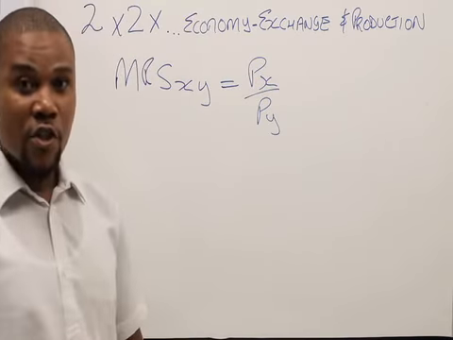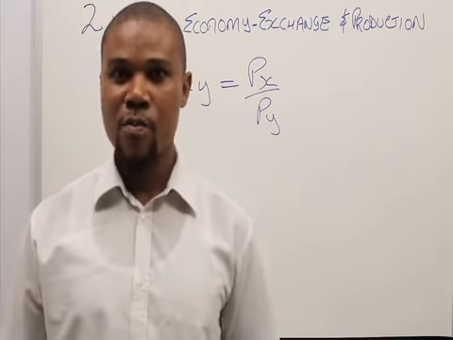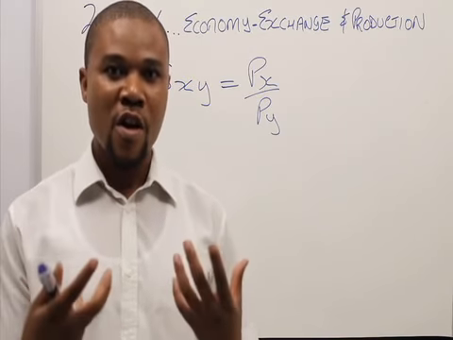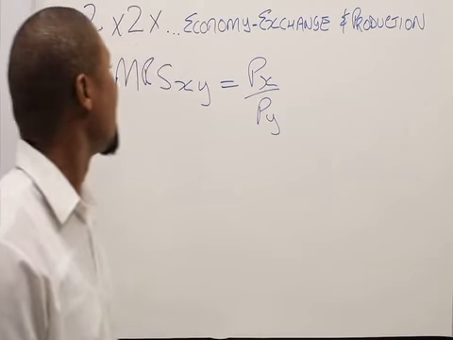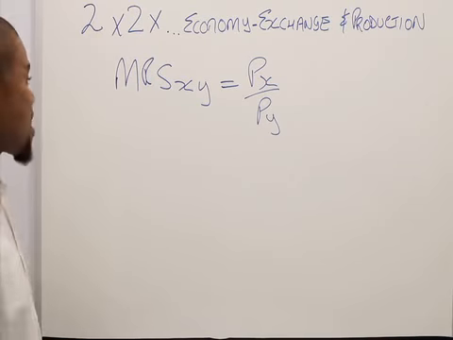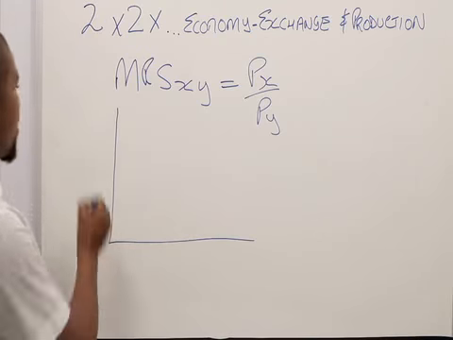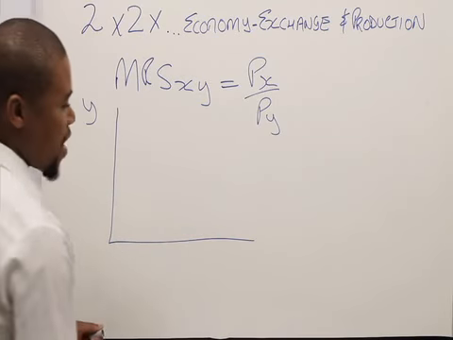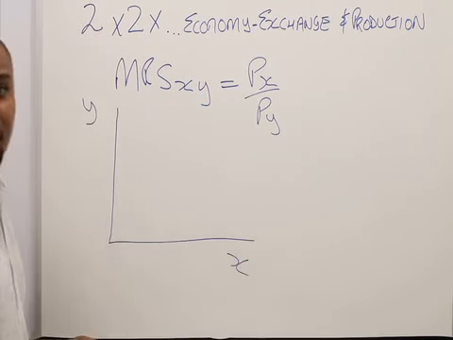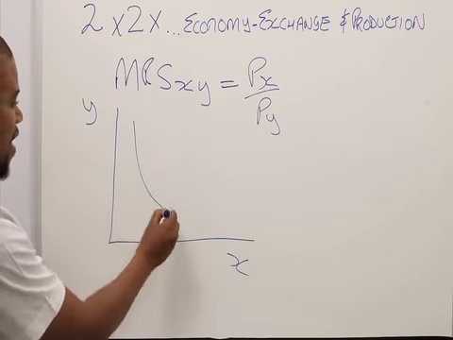And that was a condition for just one consumer in that market. If you want to remember what it looked like, we would represent it with indifference curves. Have your good Y on the Y-axis and then your good X, and then you would have the indifference curves.